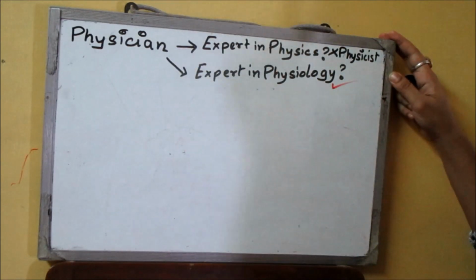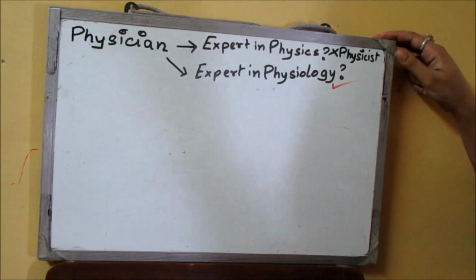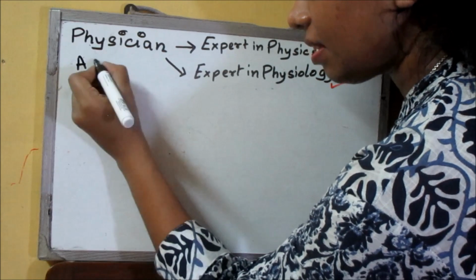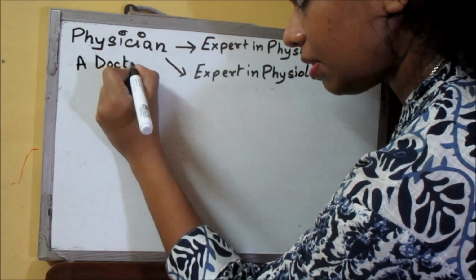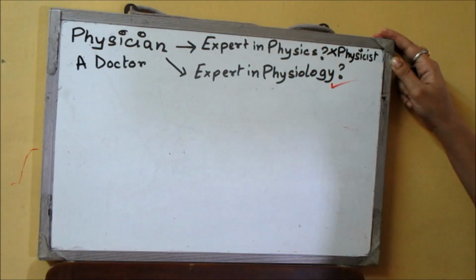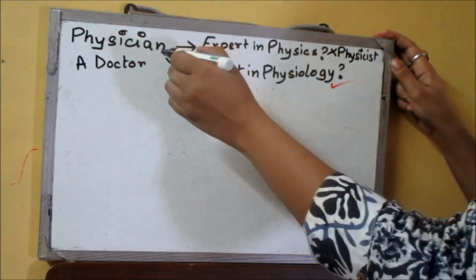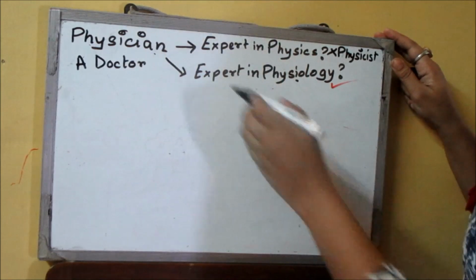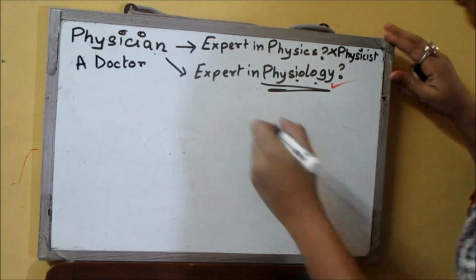Now, who is a physician? A physician is normally referred to as a doctor. A physician is normally called a doctor. And why is a physician called a doctor? Because a physician is an expert in physiology. Now, what is physiology?